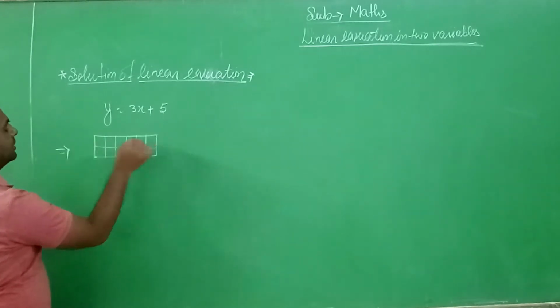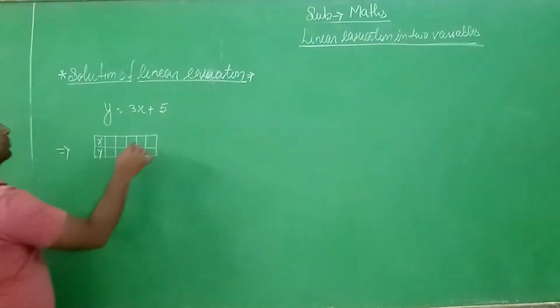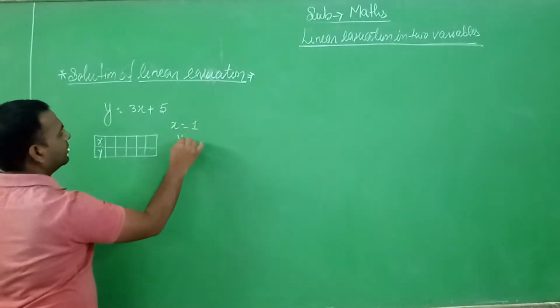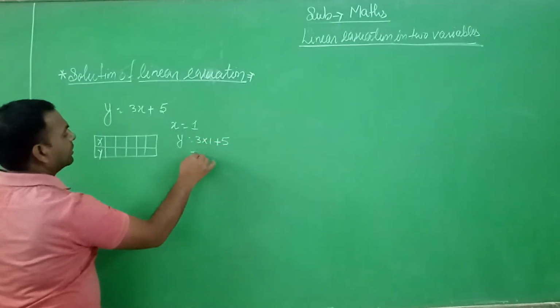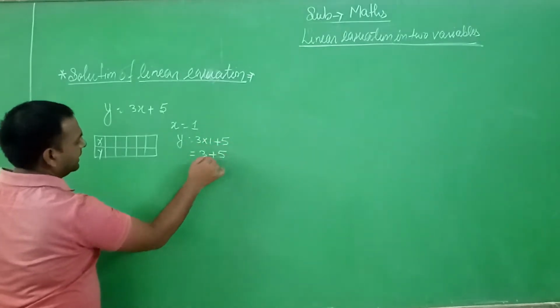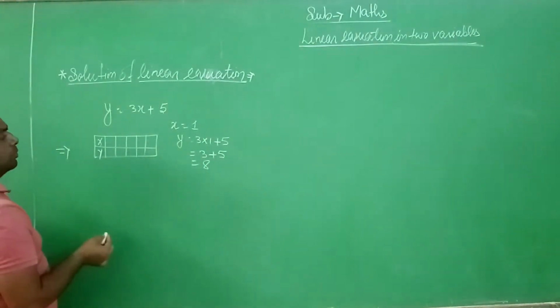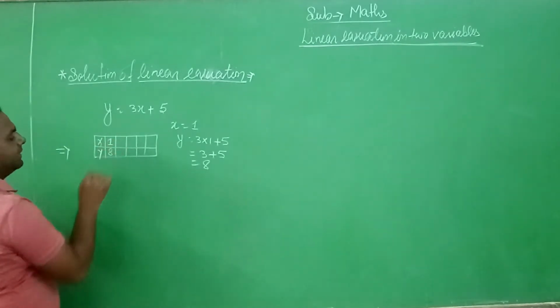As you see, here is x and there is y. Suppose I put x is equal to 1 in that equation, so y is equal to 3 into 1 plus 5. Therefore 3 plus 5 is equal to 8. So one solution is, if x is equal to 1, then y is equal to 8.